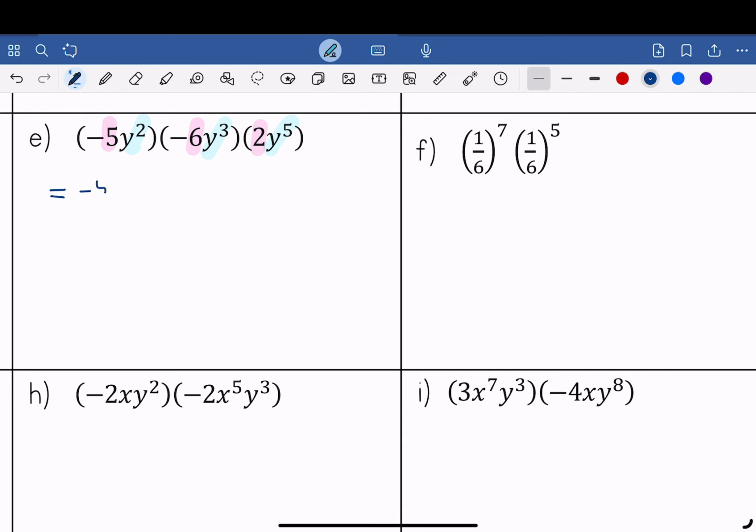So -5 times -6 times 2 times y to the power of 2 plus 3 plus 5, which is equal to 60 y to the power of 10.